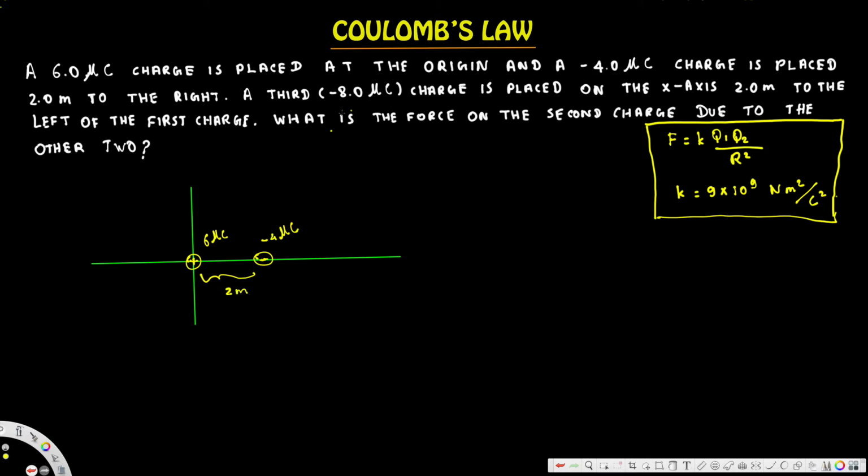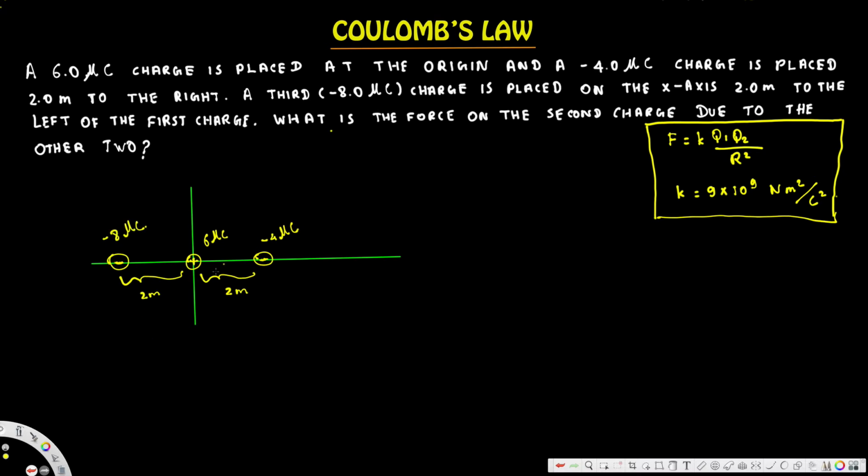And a third negative 8 microcoulomb charge is placed on the x-axis 2 meters to the left. Here we have another negative charge, placed 2 meters from here to here, and that is negative 8 microcoulomb.